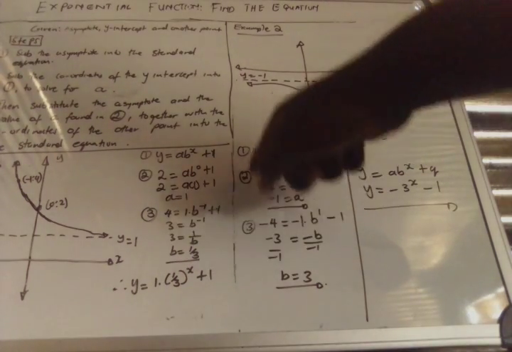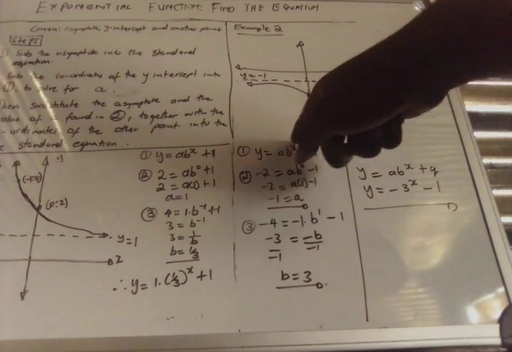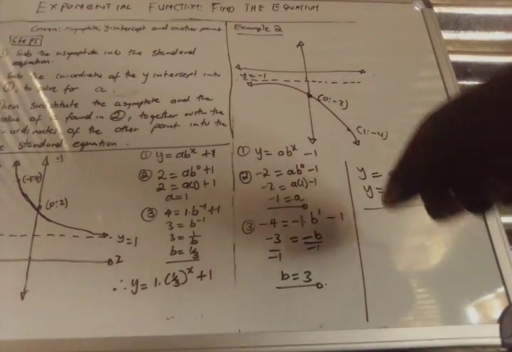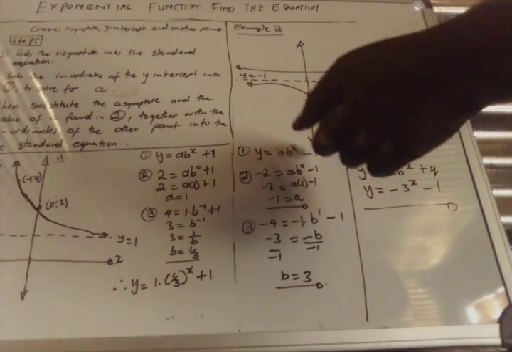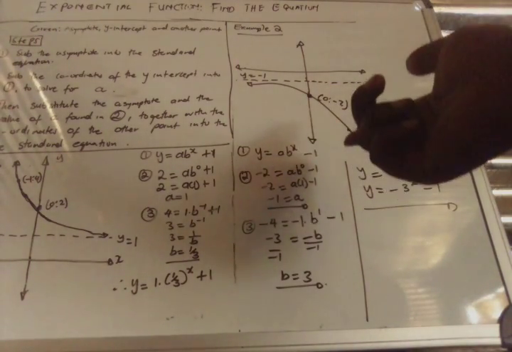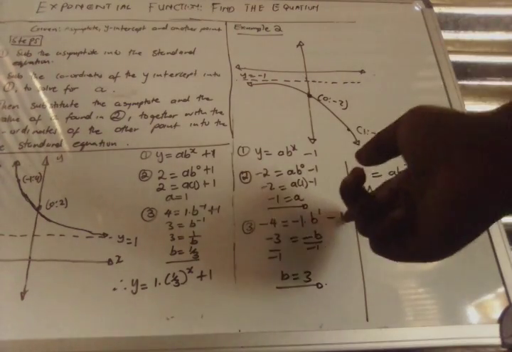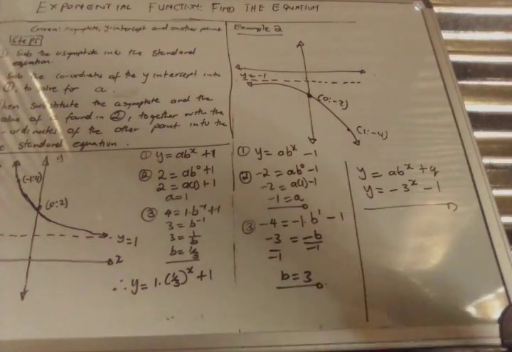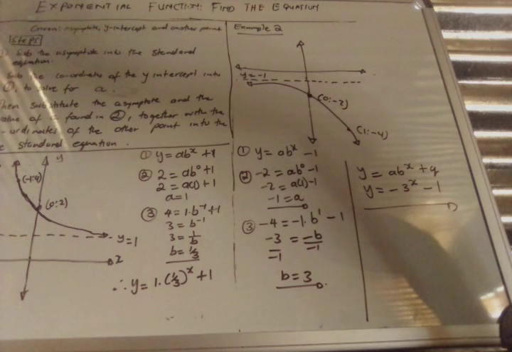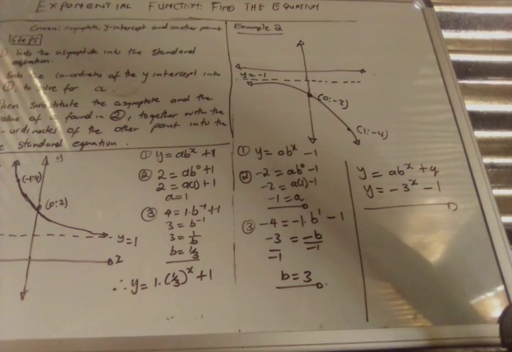We put negative 4 where there is y, and the x we put 1. The value of q is negative 1, and a is negative 1. Then we solve for b, and we get b to be 3.